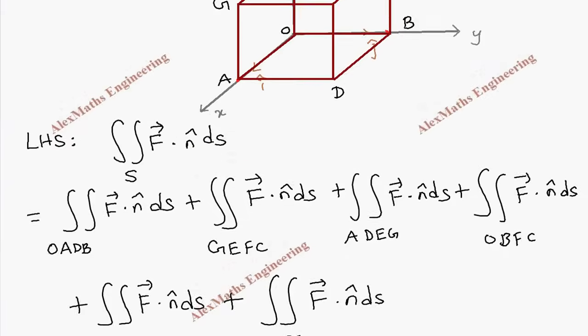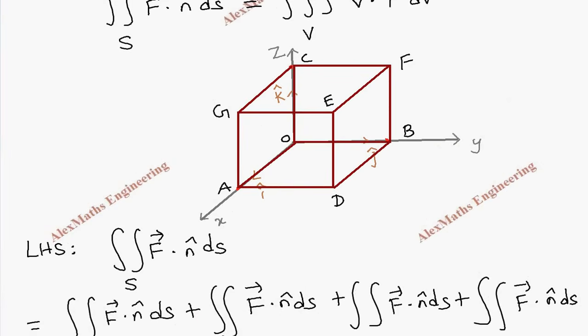And here everything is 1 unit. So if I mark this coordinate, this is y axis, this is x-axis, so this is 1, 0, 0, and this is 0, 1, 0, and here it is z coordinate, so the vertex C is 0, 0, 1.